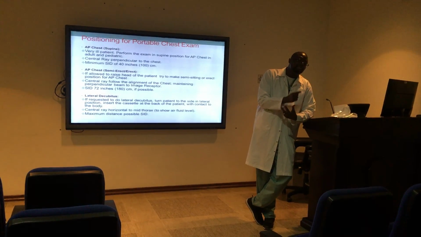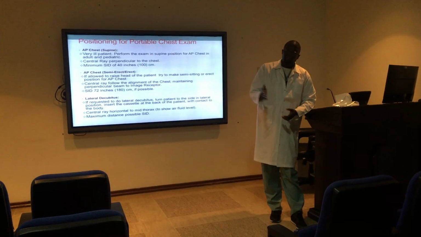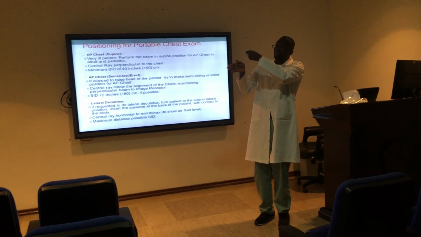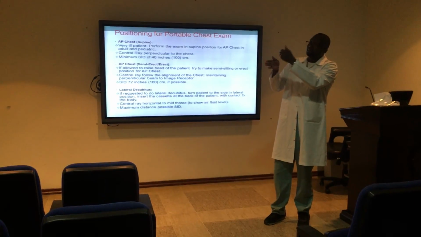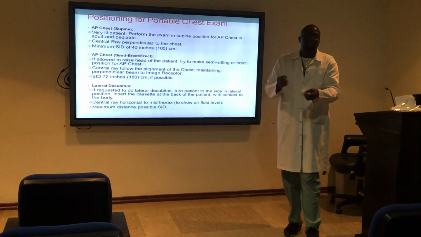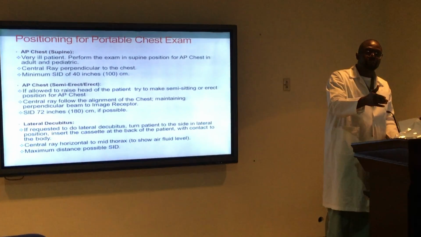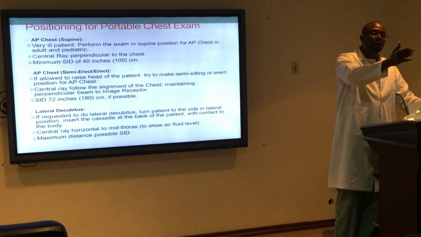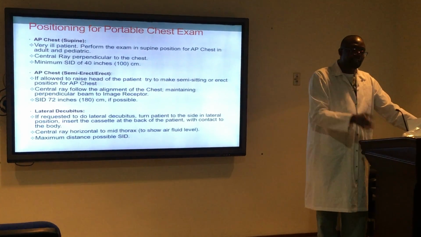This exam is very critical for you to put the right annotation. If the right is up, make sure you label this side right up and indicate on the image the type of lateral decubitus it is. Right lateral decubitus, left lateral decubitus. And we will go through lateral decubitus more in the next class.